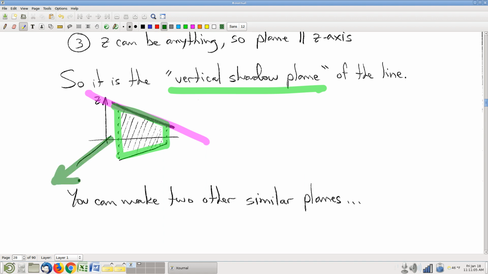So, for example, you could talk about the shadow plane in the x direction, as if you were shining a flashlight from way far away down the x-axis, etc. Anyway, nice little exercise, something to think about.